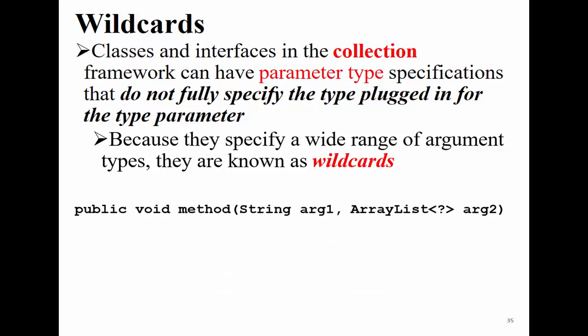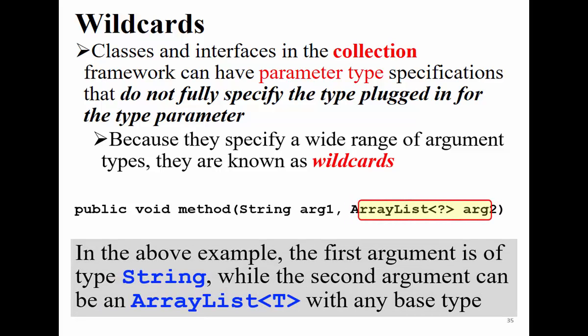Here is, for example, a public void method that has a string as one argument, and the other argument is an array list, and there is a question mark inside the triangle brackets. And this argument 2 is saying that I will give you an array list of any type, which is equivalent to saying I give you an array list of capital T. So if you see a question mark in some reference, this is what we call a wildcard.